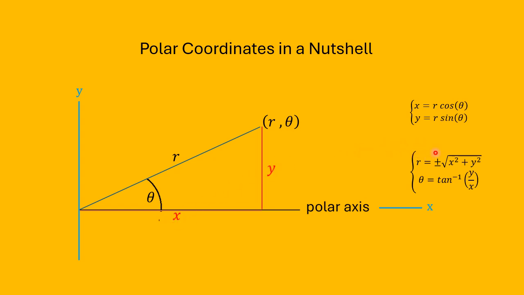Now coming back to this plus or minus here, we mentioned earlier that r can be a positive number or a negative number. So in the situation that you're looking at, you have to figure out what polar coordinates you're using for the point x, comma, y, and choose the sign correctly.